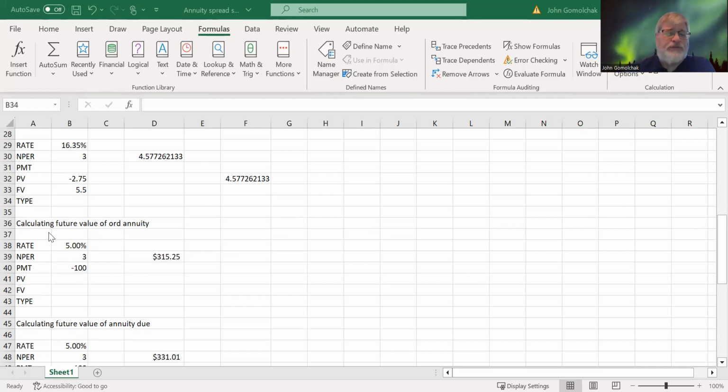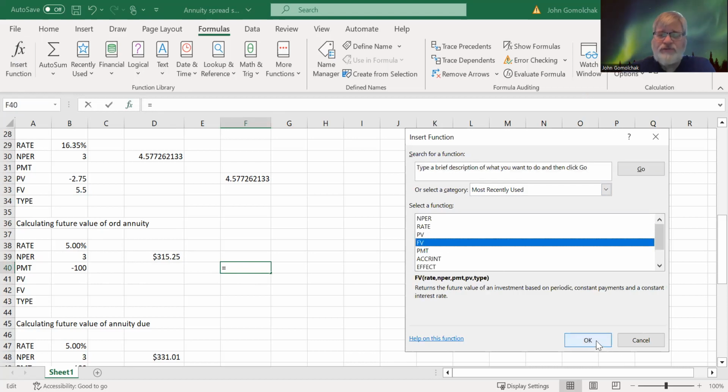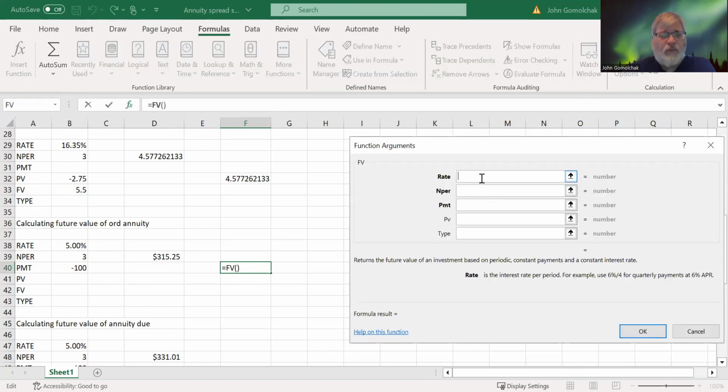If we just use the future value function, and we have these three factors, we know the rate, we know the number of periods, and we know the payment that we're making every year. So let me get a spot there. I'm going to click on future value in my choices here. Now rate it's asking for, so I'm going to use B38.